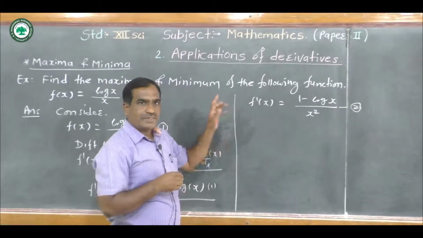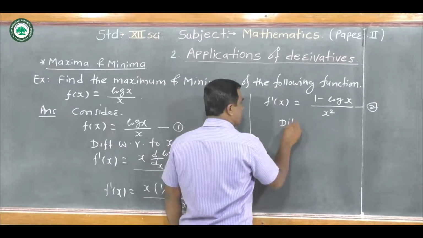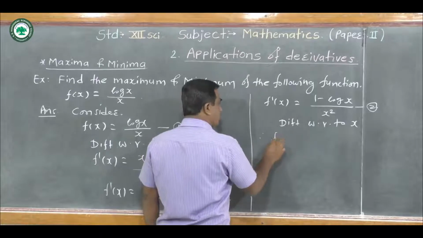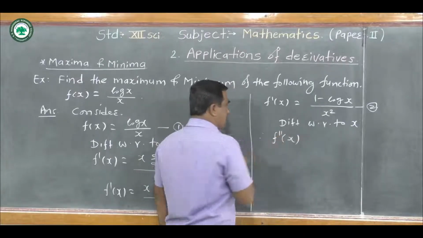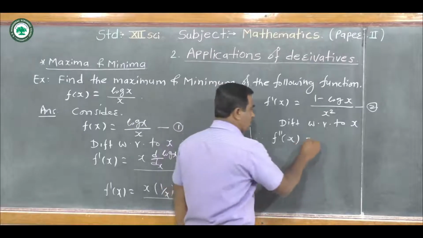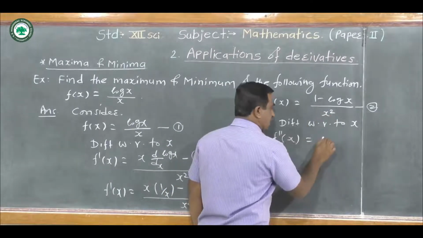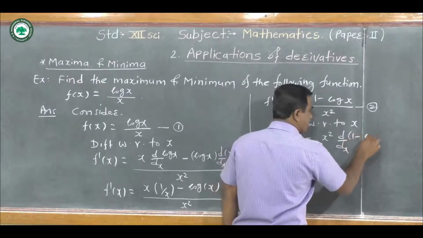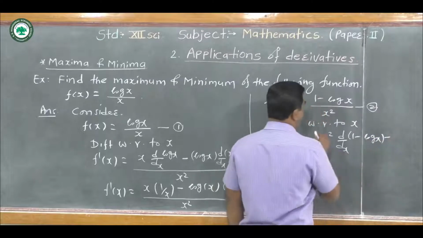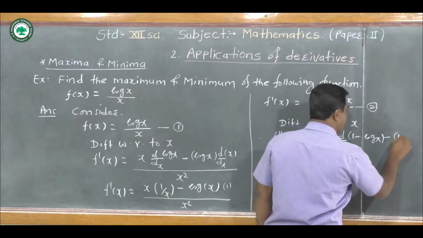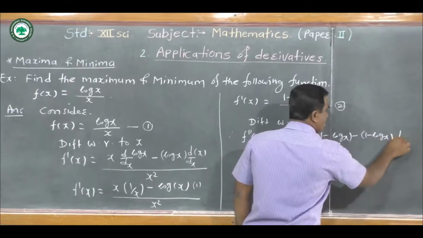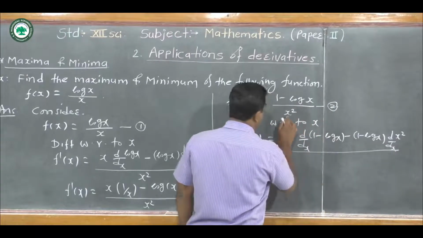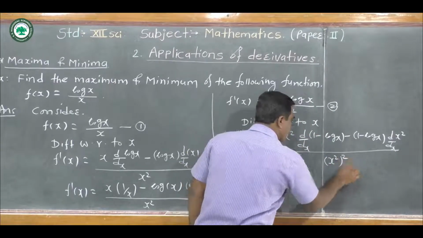Now differentiate this equation again with respect to x. Therefore, derivative of f dash of x, f double dash of x, is equal to, here also use division rule, x square as it is, derivative of 1 minus log x, minus 1 minus log x as it is into dy dx of x square, upon x square whole square.